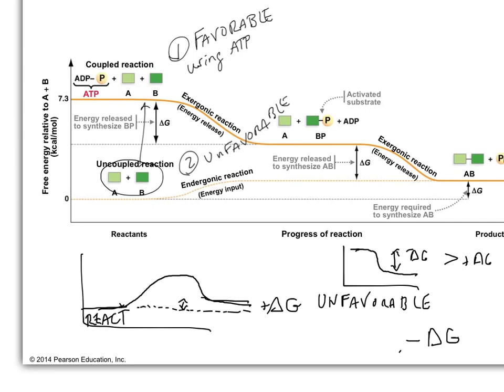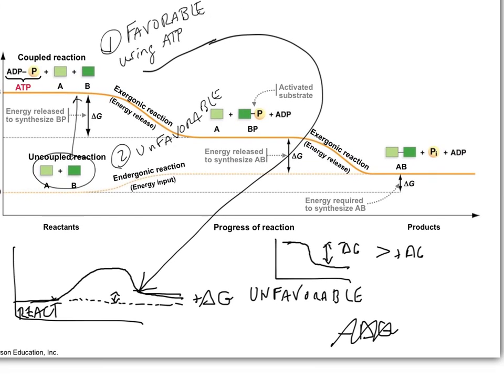Actually, I don't even know if we say that it has a negative delta G. Let's just say that the energy from ATP is used to drive this unfavorable reaction. So the products of this reaction, shown here, are above the delta G for the A and B together, but below the reactants for the first part of this reaction, the hydrolysis of ATP. Okay, so the input of energy can drive unfavorable reactions.